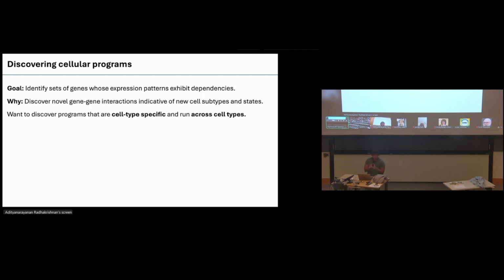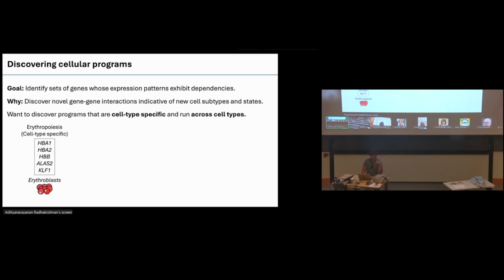But the idea is once we have these gene-gene interactions, we're going to group them into sets of genes that form programs that are cell type specific and run across many different cell types. And just to give some examples, the genes for hemoglobin, which effectively carries oxygen, are expressed in red blood cells, which carry oxygen to your cells.